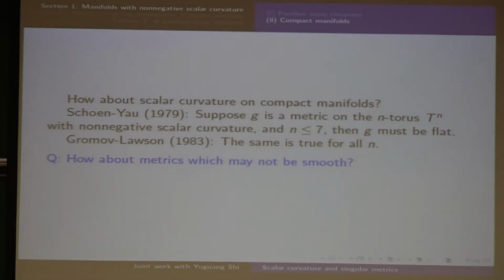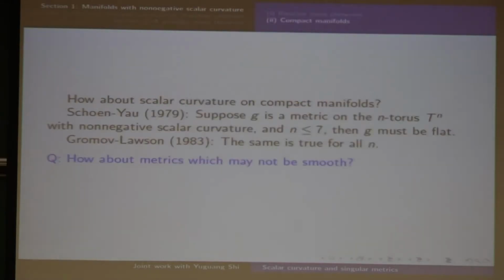Well, because of the previous result on the positive mass theorem for singular metrics, we would like to understand if there is anything about compact manifolds related to scalar curvature, so that the metric may not be smooth. That is what we want to study.